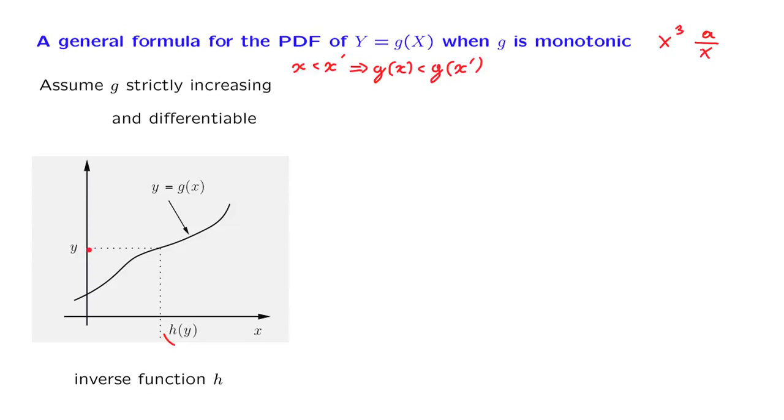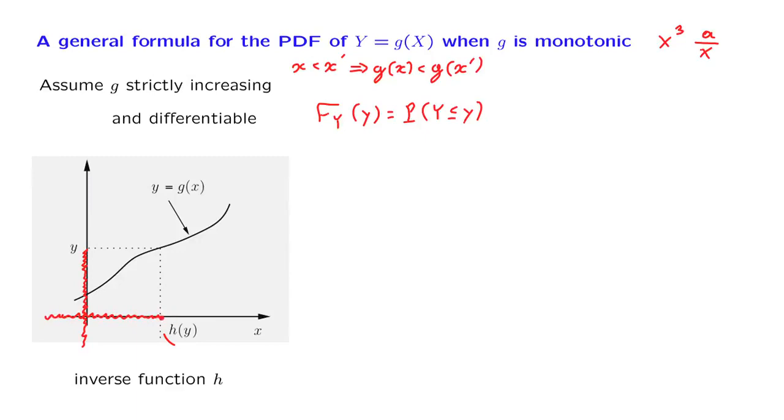Let us now move on with the program of finding the PDF of y. We will follow the usual two-step procedure, and the first step is to find the CDF of y. So we fix some little y, and we want to find the probability that the random variable y takes a value in this range. When does this happen? For y to take a value in this range, it must be the case that x takes a value in this range here.